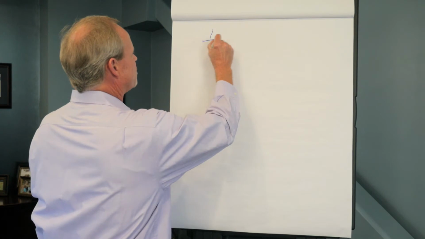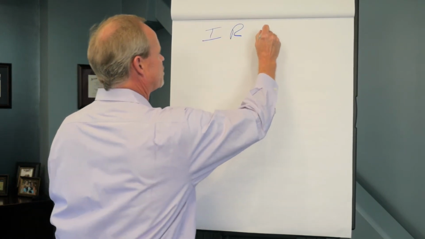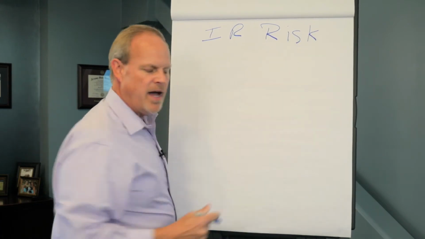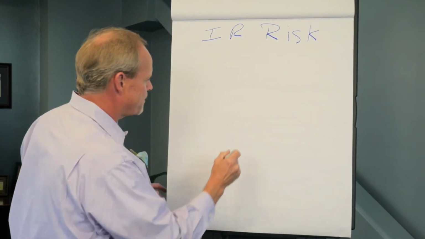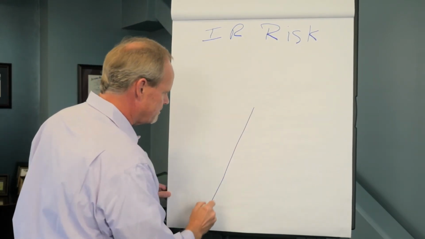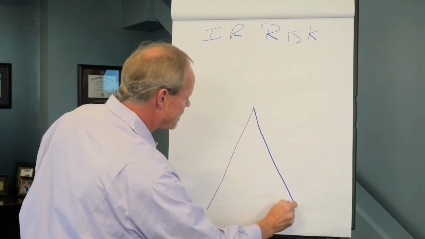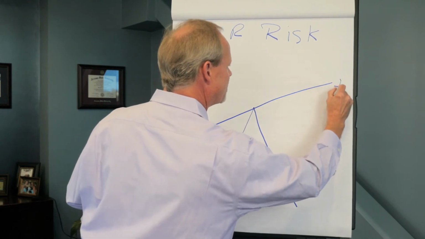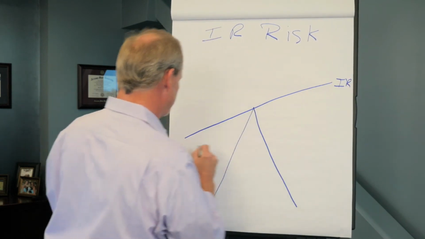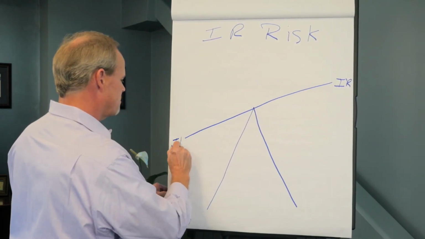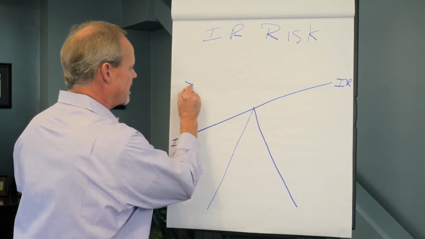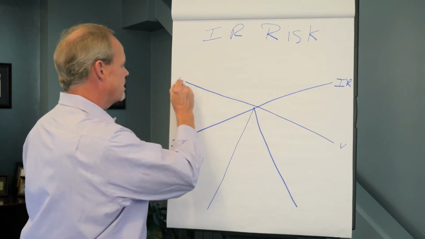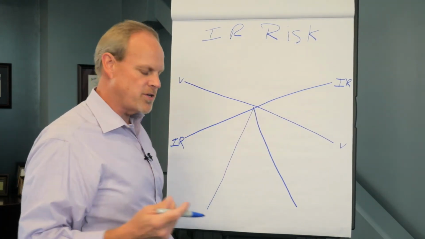If we look at interest rate risk, I like to show it on what I call a teeter-totter. So if this line here represents interest rates, this line here is going to represent value.